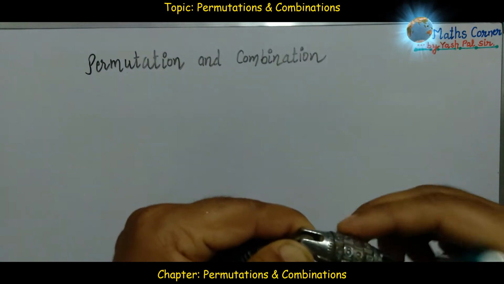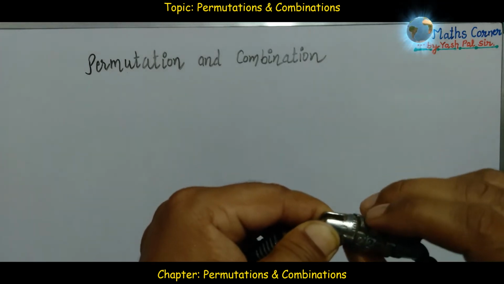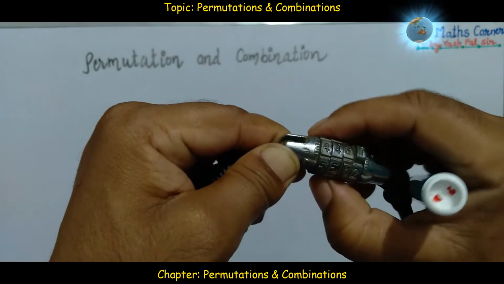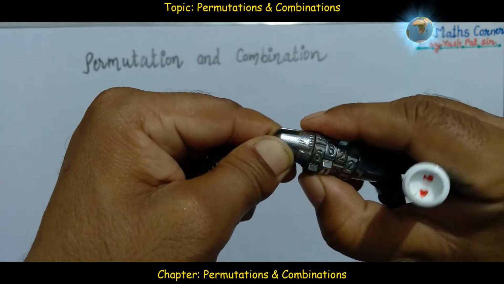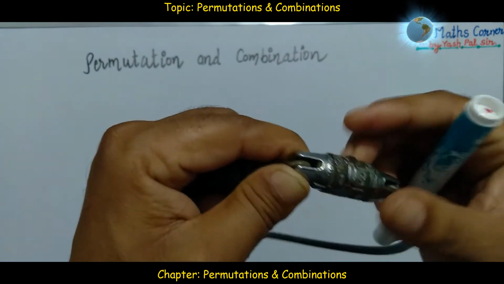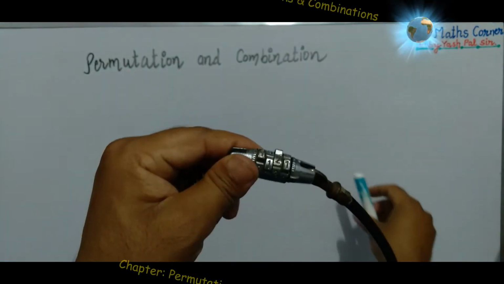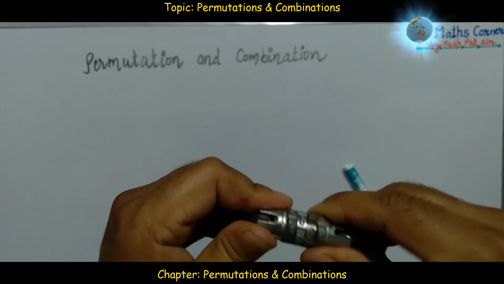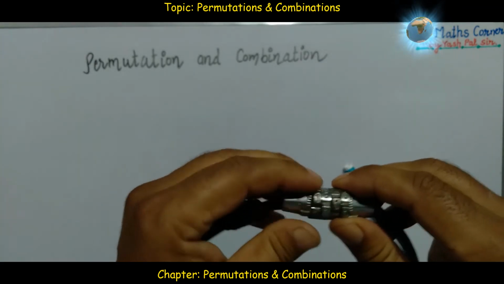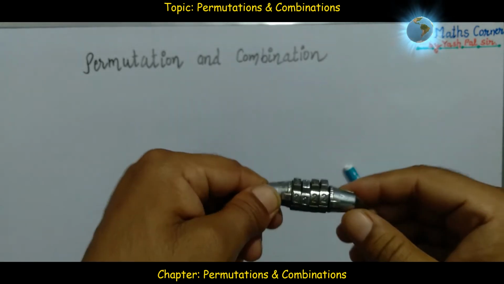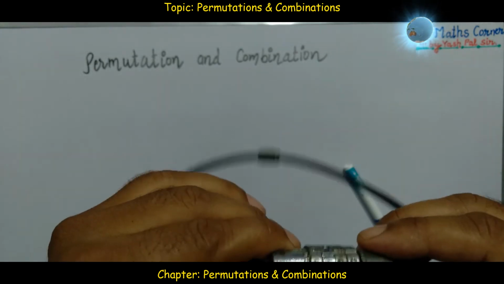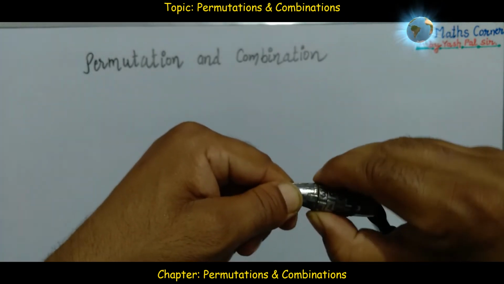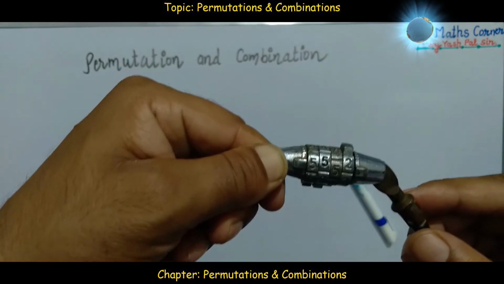Each ring has the numbers 1 to 6. Now I have forgotten the actual number of this lock. The only first number I know is 5.